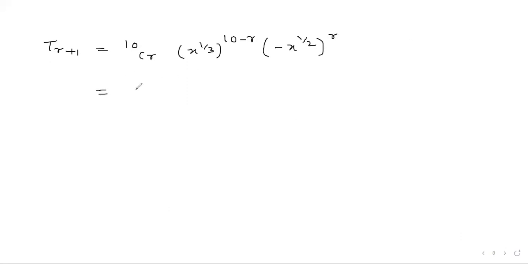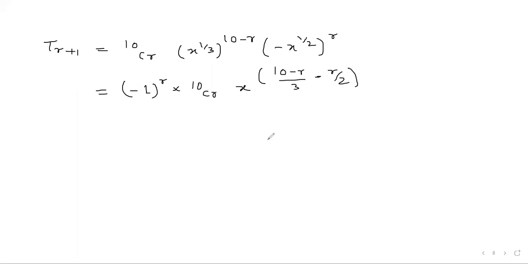We further simplify it, so we will get minus 1 power r times 10 C r times x power (10 minus r) divided by 3 minus r by 2.